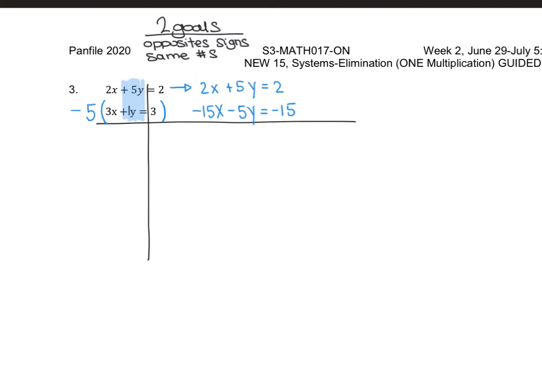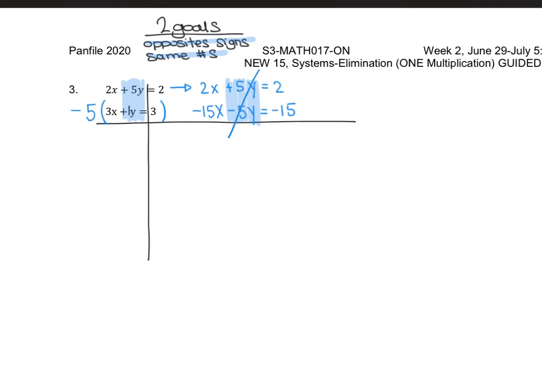Do you see what happened there? It's that middle piece that we really, really care about. And now do I have opposite signs, same numbers? Yes, I do. And that's what I need to happen. So now they cancel or zero out.